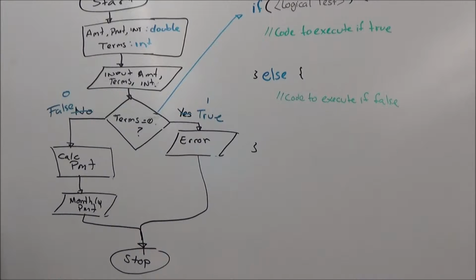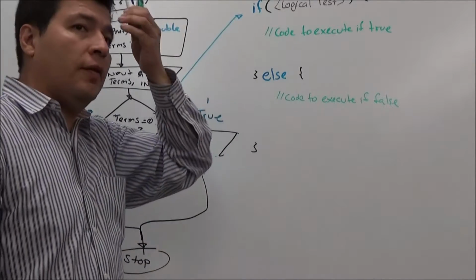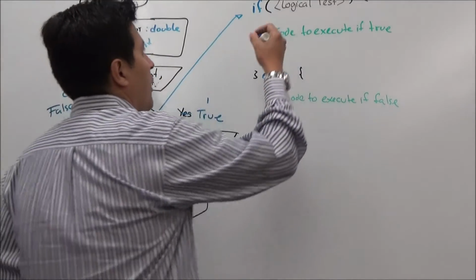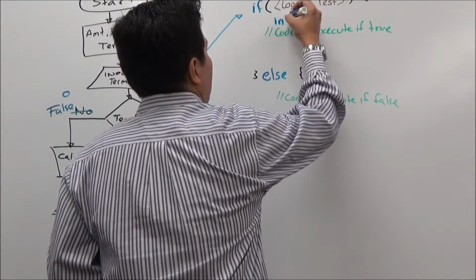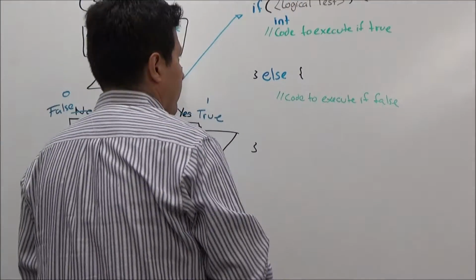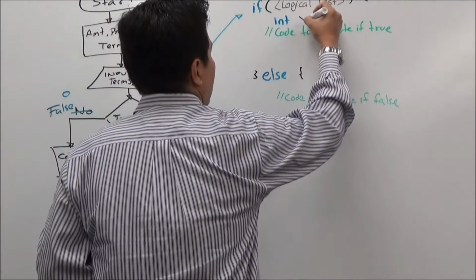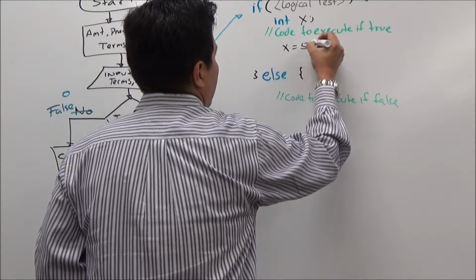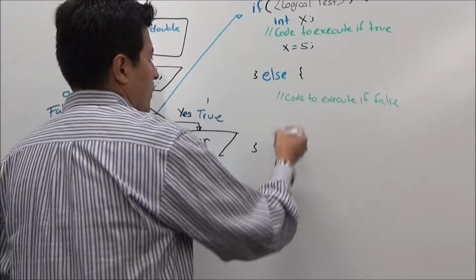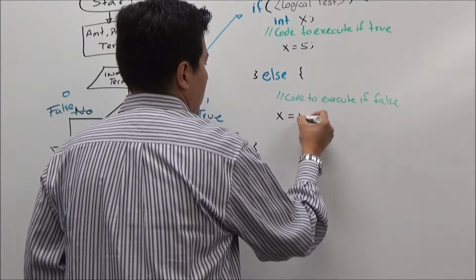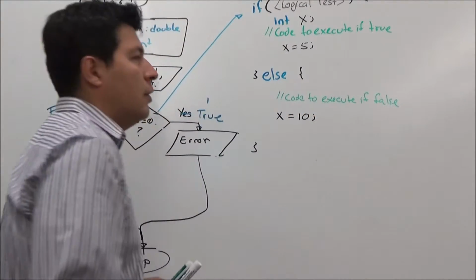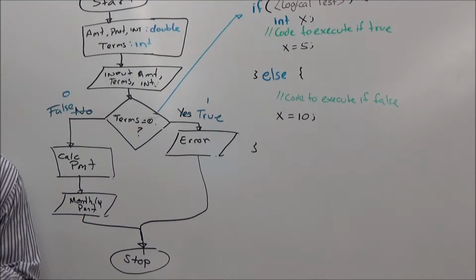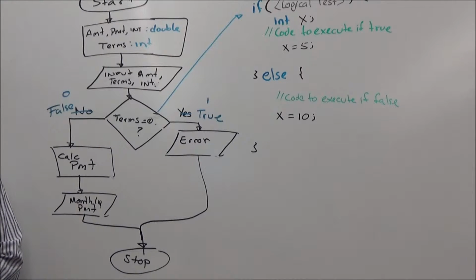What if, inside my if statement, if it's true, I declare a variable and I call it x. And I say x equals 5. If it's false, I say x equals 10. Can I do that? No. Why not? You didn't define integer x in the else.